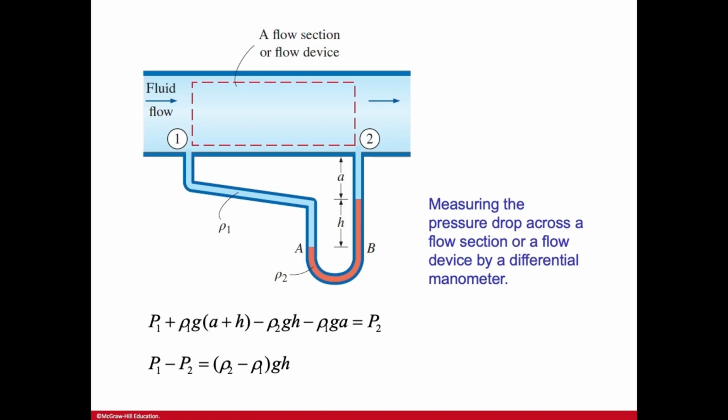This difference in pressure can be measured using a manometer, and essentially it's an extension of what we learned in the previous slides: a combination of how a manometer and barometer work, and how, if you have different working fluids or different liquids, you can find the pressure over stratified or layered liquids.